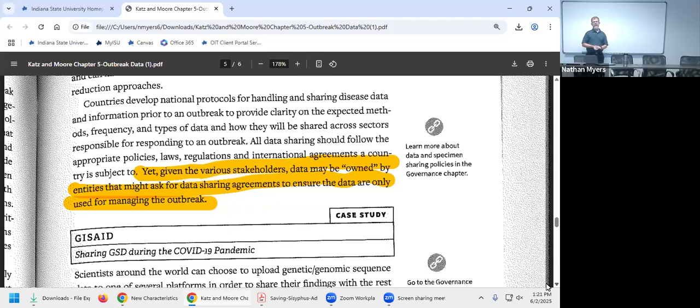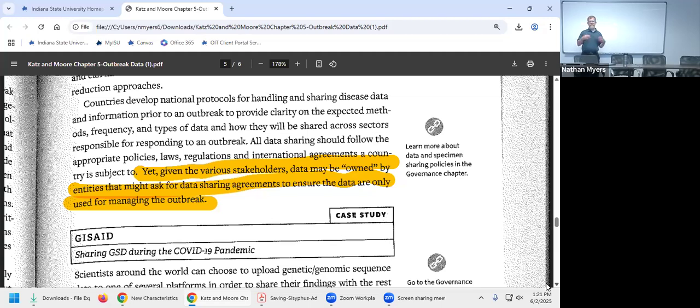Data ownership can be kind of a sticky question with this kind of information. The chapter says, yet given the various stakeholders, data may be owned by entities that might ask for data sharing agreements to ensure the data are only used for managing the outbreak. So this could come into play.